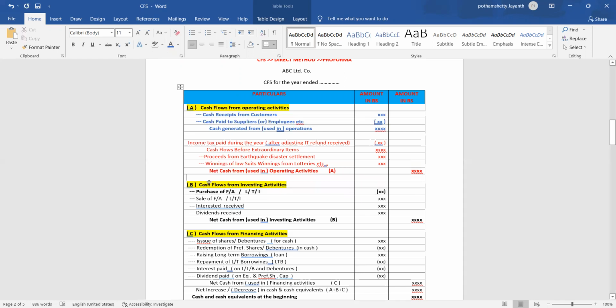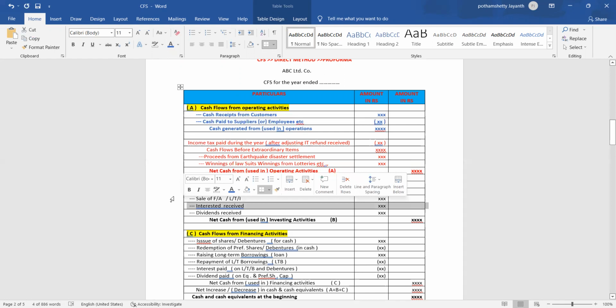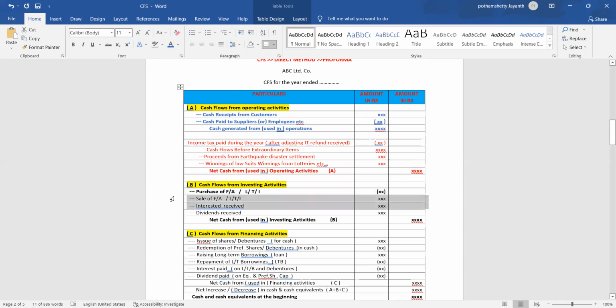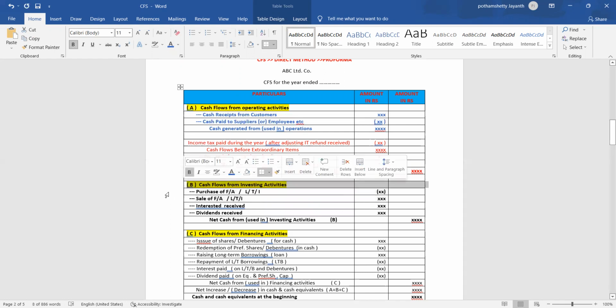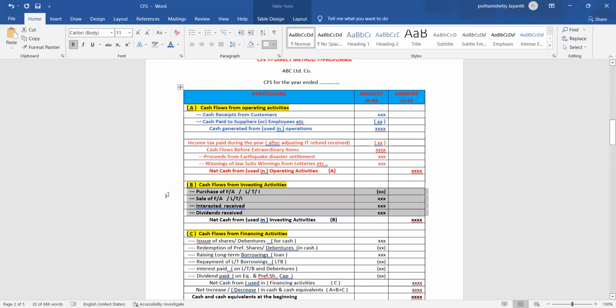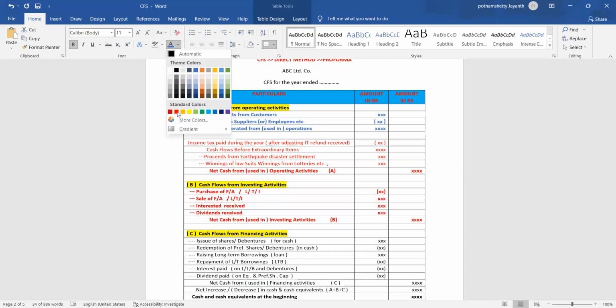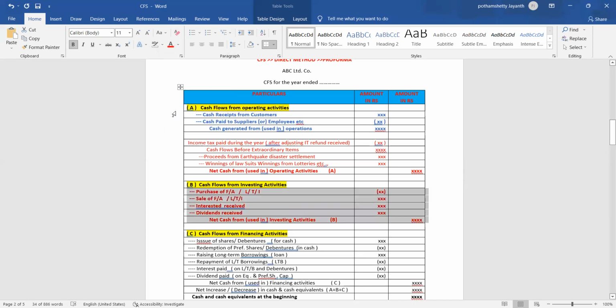Next you have sale of fixed assets or investments, and interest received, dividend received. These will become bold now. These also do not change. All these will come under investing activity, related to assets.